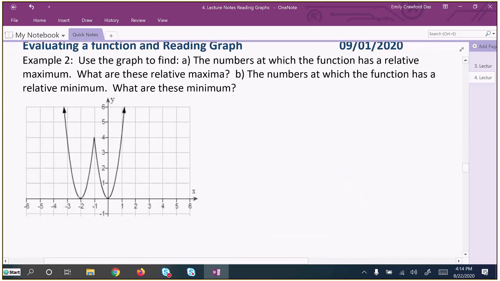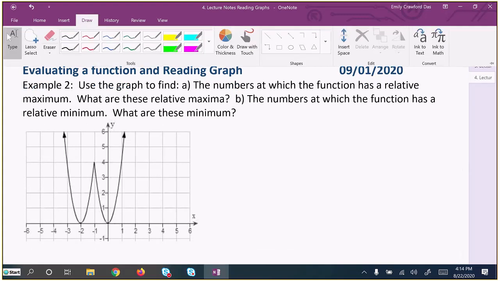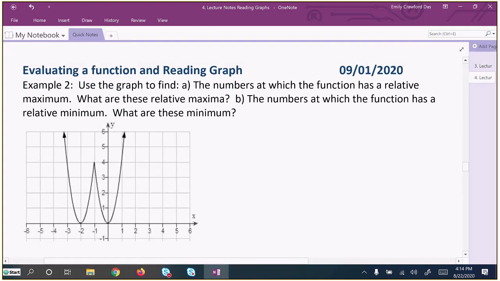So if we look at a graph, we should now be able to determine the numbers at which the function has a relative maximum, a relative minimum, and what the relative maximum and minimum values are. So given this graph, we're asked to first find the number at which the function has a relative maximum.